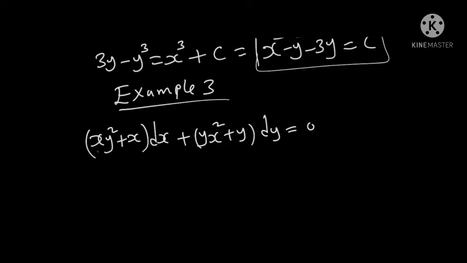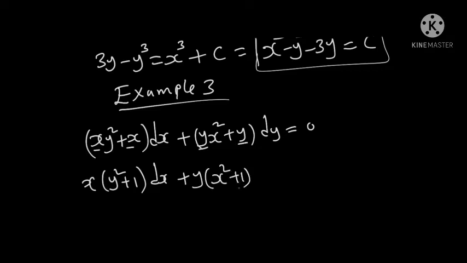Now let's start by factoring x. So we have x (y squared plus 1) dx plus, we can also factor out y, so we have y (x squared plus 1) dy equals 0.